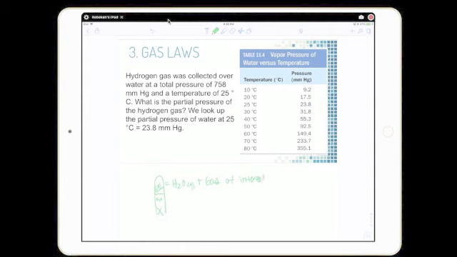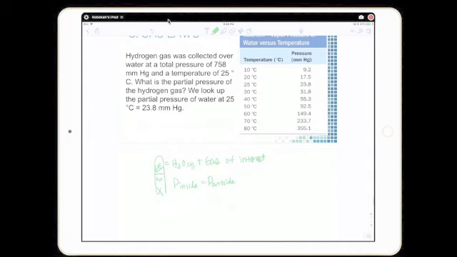Now, the pressure inside the tube likes to equal the pressure outside. Okay, so when they give us this total pressure right here of 758 millimeters of mercury, and they give us a temperature, we can find the partial pressure of the hydrogen gas as the gas of interest.